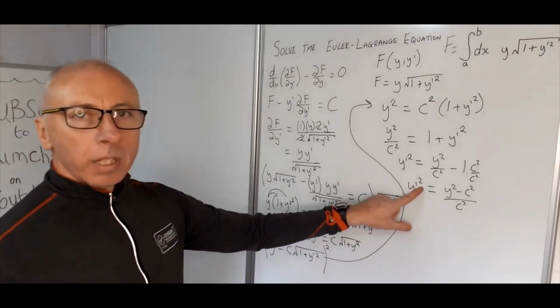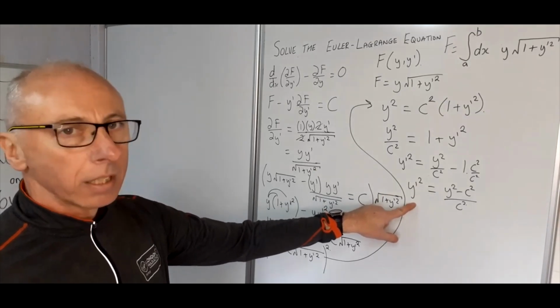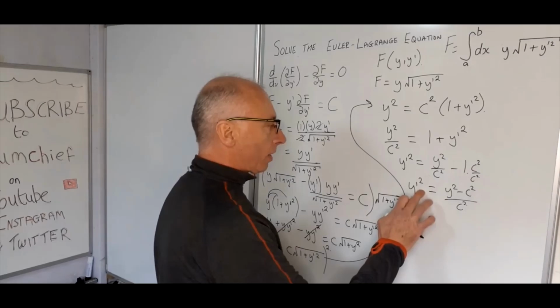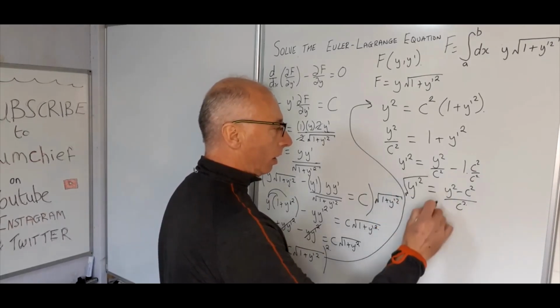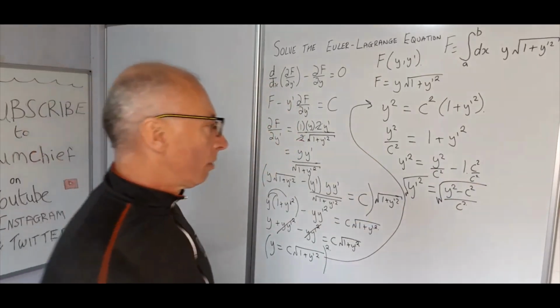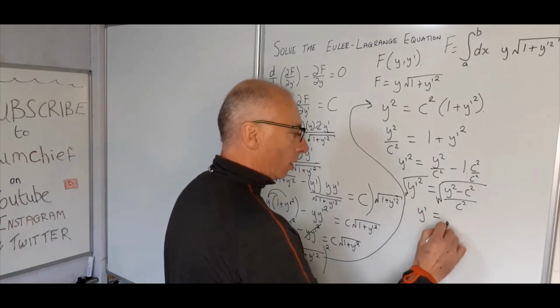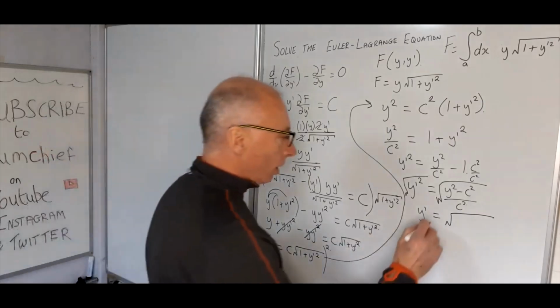Now what I want to do is get rid of this squared term, and then we're ready to integrate with a little bit of algebra. We can see we could get somewhere with that. So let's take the square root of this side. That's fine. Square root of that side, we're going to be left with this term. So y prime equals square root, and don't forget our plus and minus.